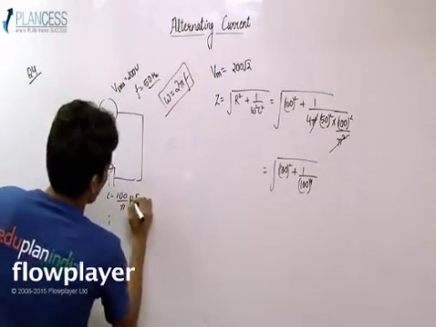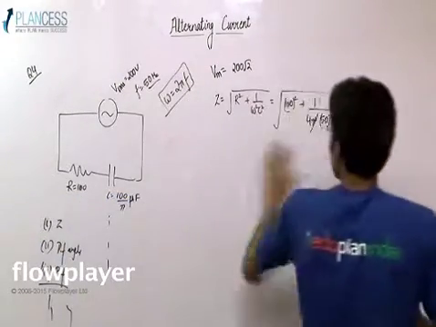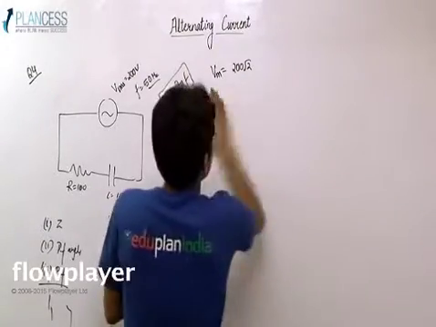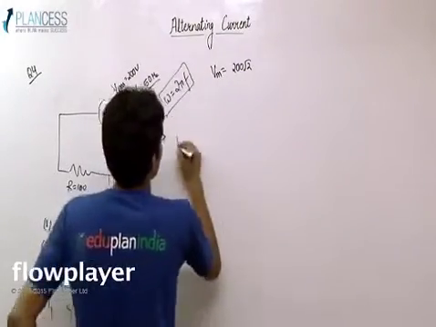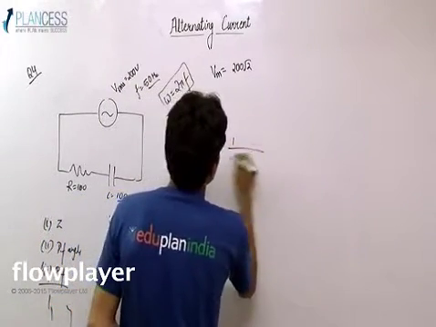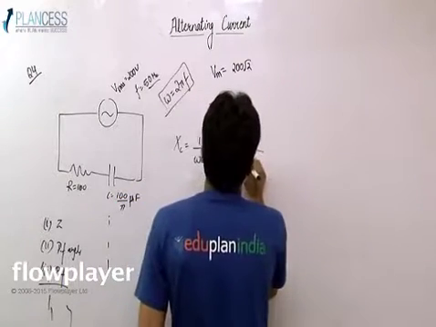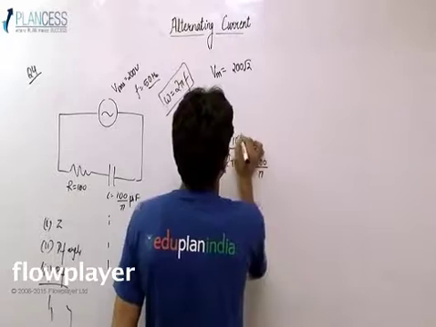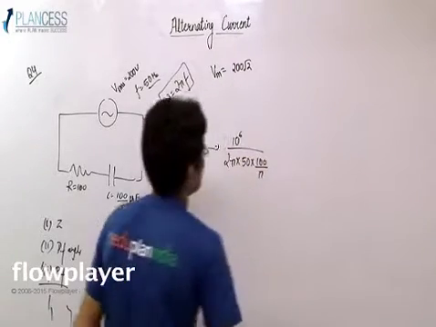One thing I forgot: this is microfarad. So firstly, let's calculate Xc. Xc comes out to be 1 by omega C, which is 1 by 2 pi into 50 into 100 by pi into 10 to the power minus 6.